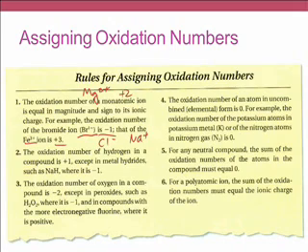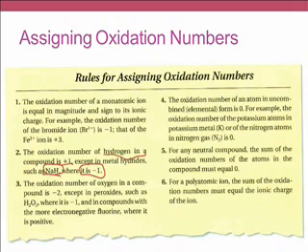Now there will be some exceptions, and that's what we'll go over right now. Number 2: the oxidation number of hydrogen in a compound is plus 1, and the charge is plus 1 in an ion. But here's the exception: in metal hydrides such as NaH, it is minus 1, because sodium has a lower electronegativity than hydrogen.